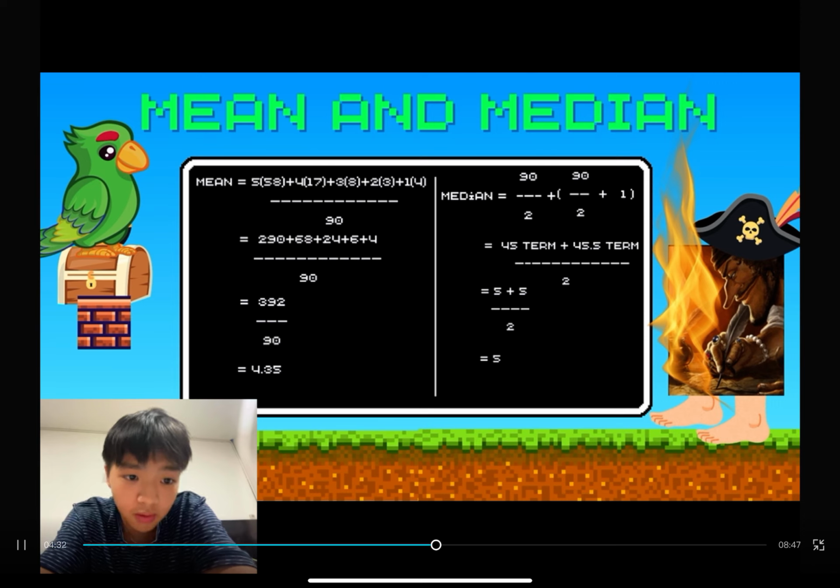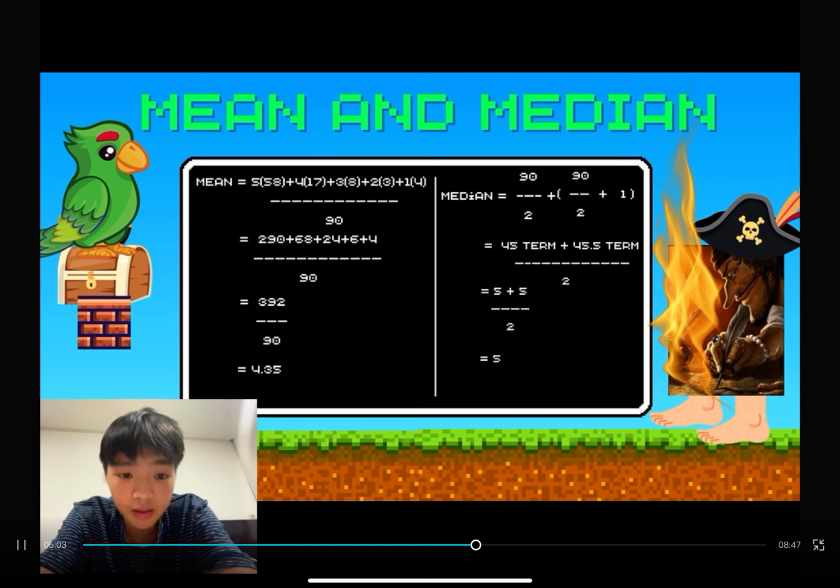So 5 points is 58, 4 points 17, 3 points 8, 2 points 3, and 1 point is 4 people. So you need to multiply them and sum together. So it will be sigma fx. And then you divide it by n. So n is 90, so it will be 392 divided by 90. So the mean will be 4.35.